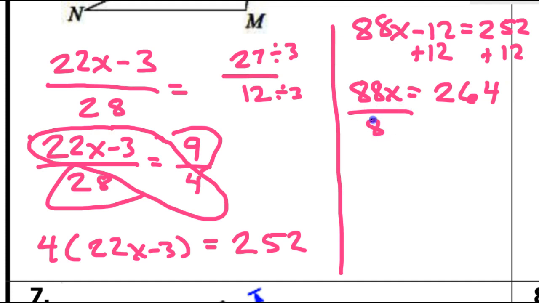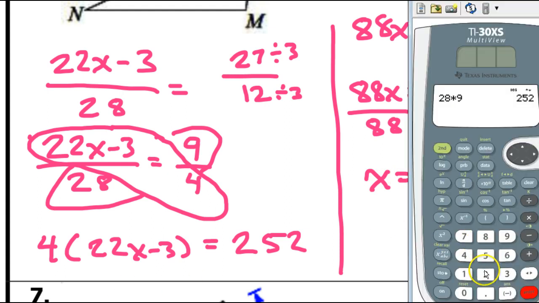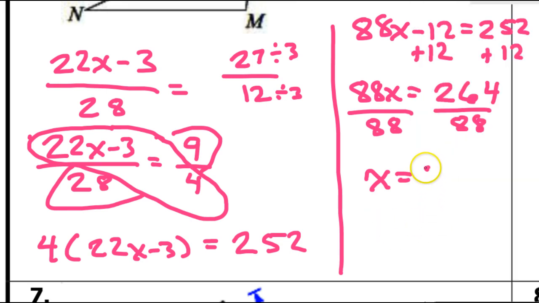And finally, I will divide both sides by 88. So that's 264 divided by 88. 3. So it looks like x is equal to 3.